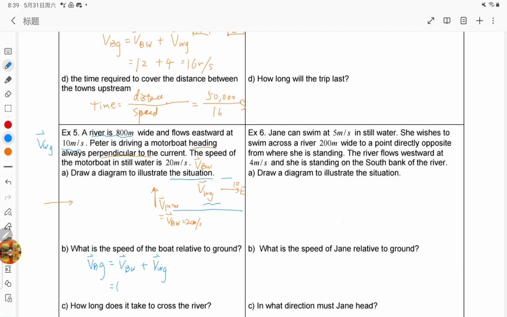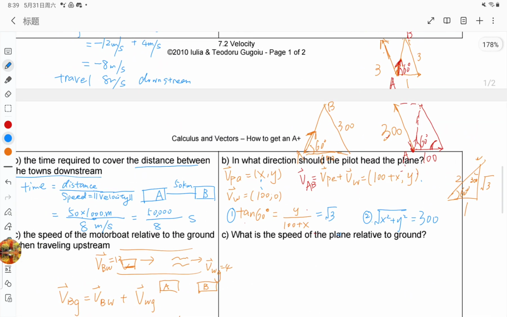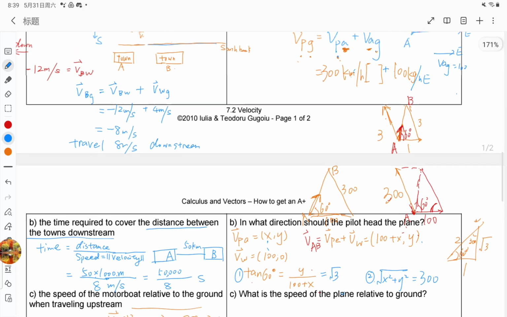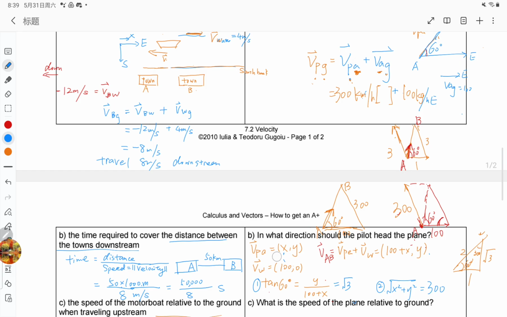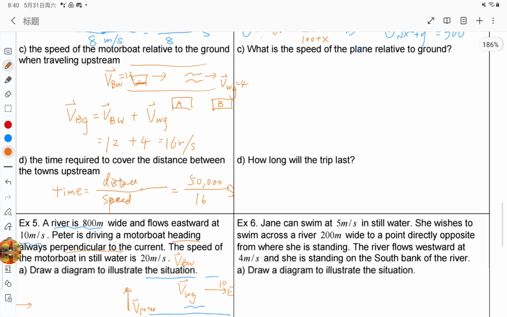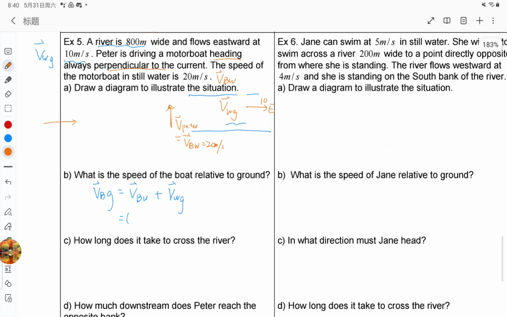In the previous calculation it required more work, but I still assumed that because it's asking for the direction. If we have a coordinate system and write down the vector in component form, it's also a way to represent the direction information. So I think it's handy now to write down this vector in component form because it's vertical.